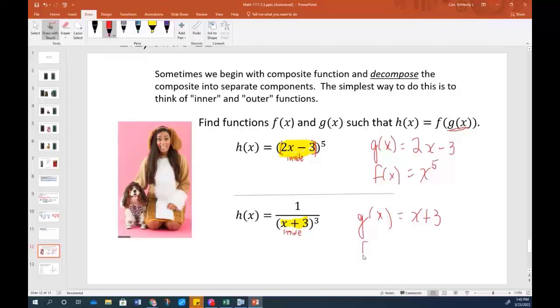All right, then the outside function is what's left, which is the 1 over, and then we've got to raise it to the third, so I need a placeholder for that. So if you'll take this inside function and put it where I have an x for this one, you will suddenly have that function. So to separate them, the easiest way to do that is to think of inner and outer functions.